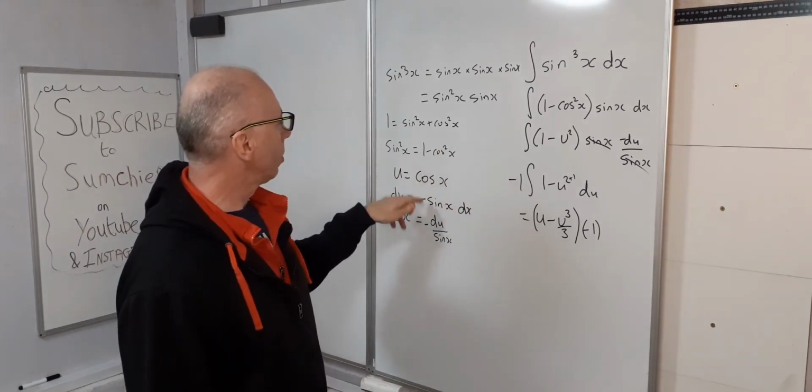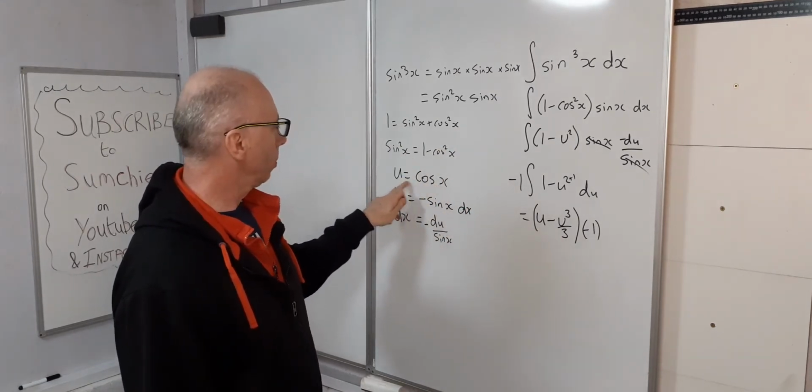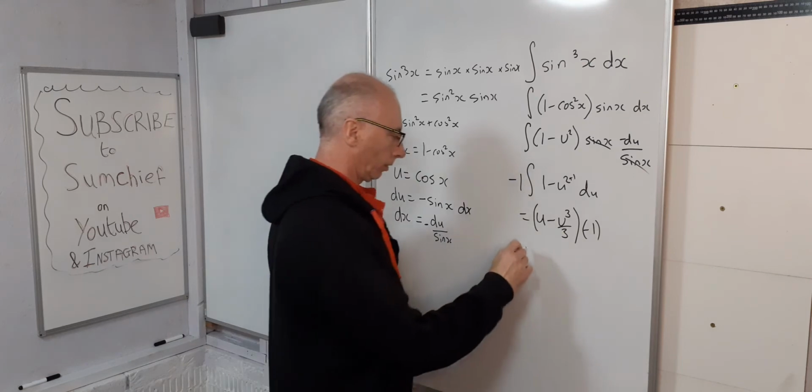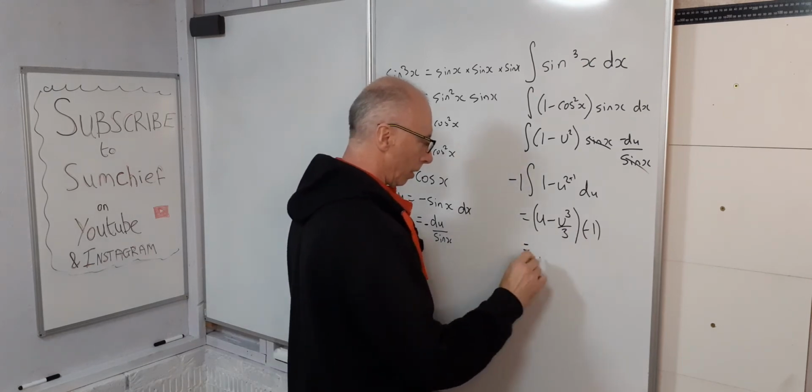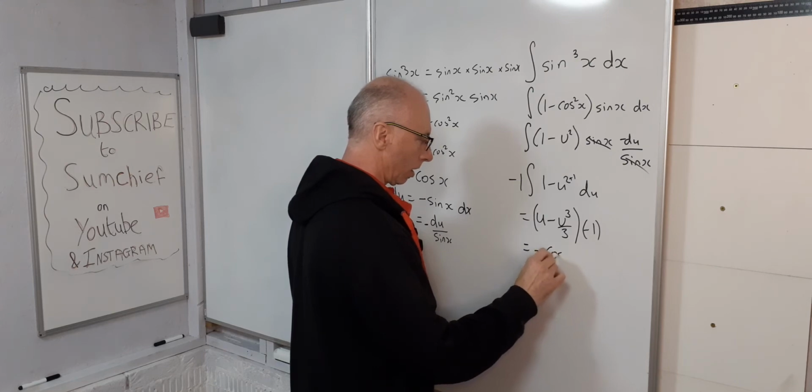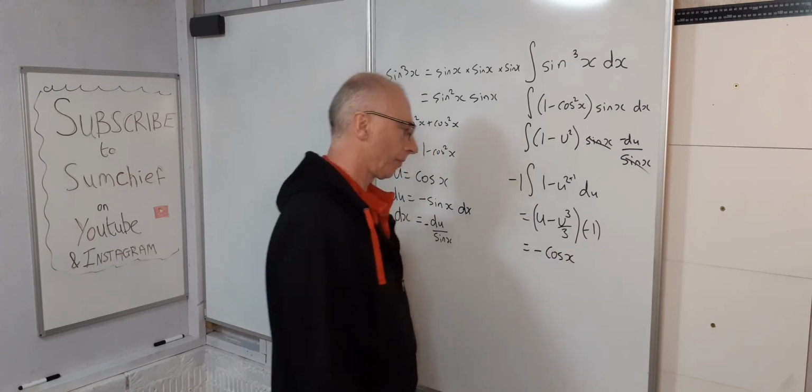Now back into the x world, u equals cosine of x. Don't forget the minus 1. So what we can say is minus cosine of x.